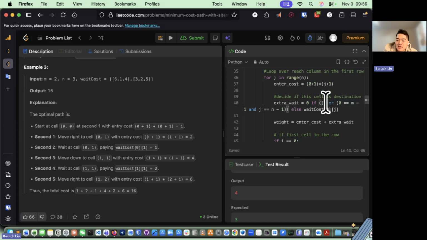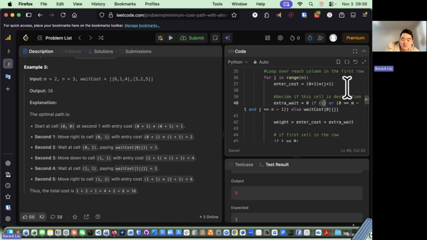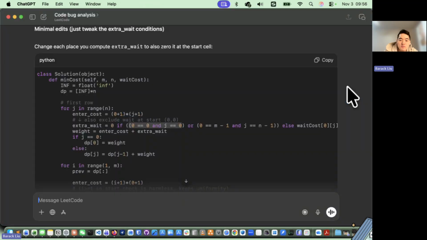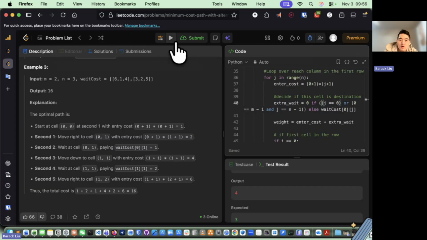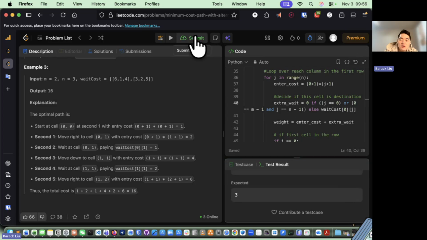So you see, at the very beginning, actually ChatGPT didn't find the reason correctly. I think this is the main reason, right? So when j is equal to 0, which means it's the beginning, in this case we should also... yeah, so you see.